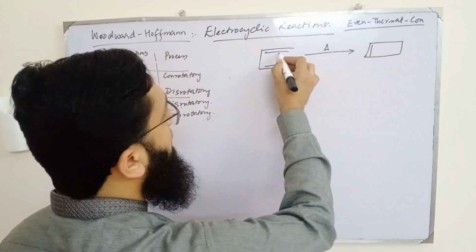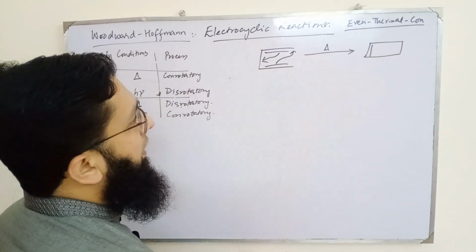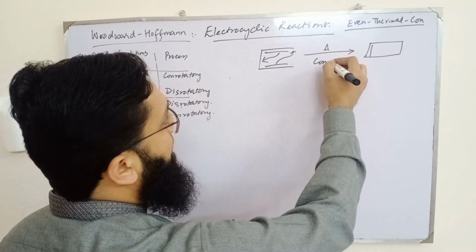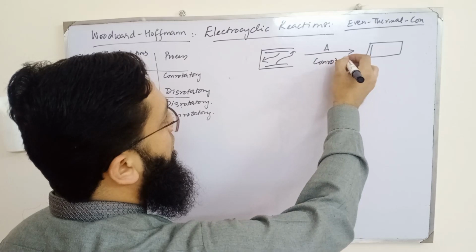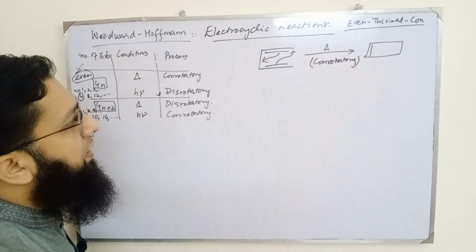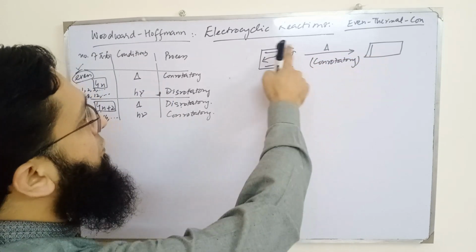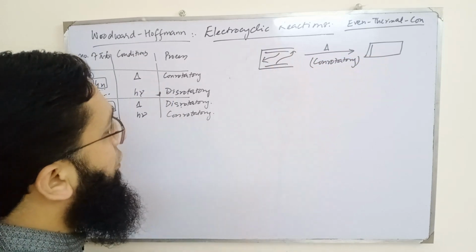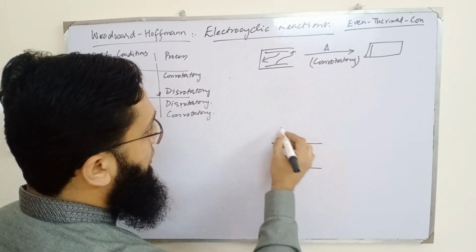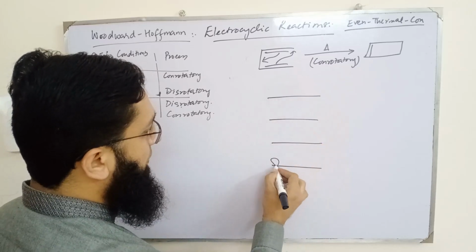We get this shifting here, this shifting here, and the process is conrotatory, even thermal con. Okay, we have 4 pi electrons, 4 sp2 carbons, and 4 p molecular orbitals, and 4 p atomic orbitals in each molecular orbital.